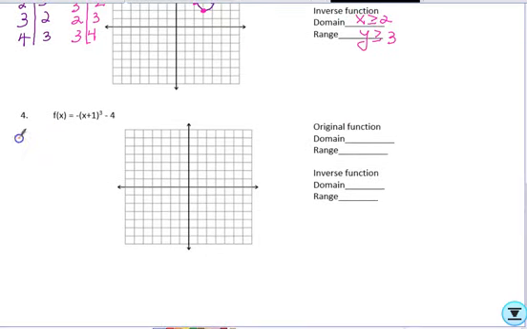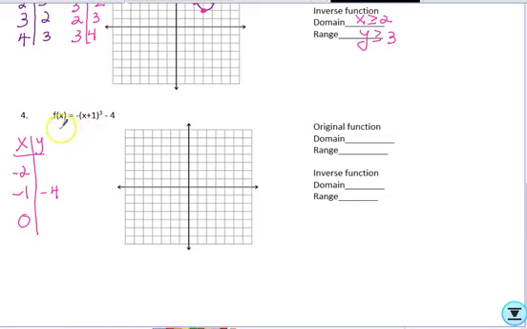All right, and then number 4, my original. Again, it's a cube, so we have that really steep S shape, and I know that key point is going to go left 1 and down 4. And to get my other values, let's go a little less, a little more.